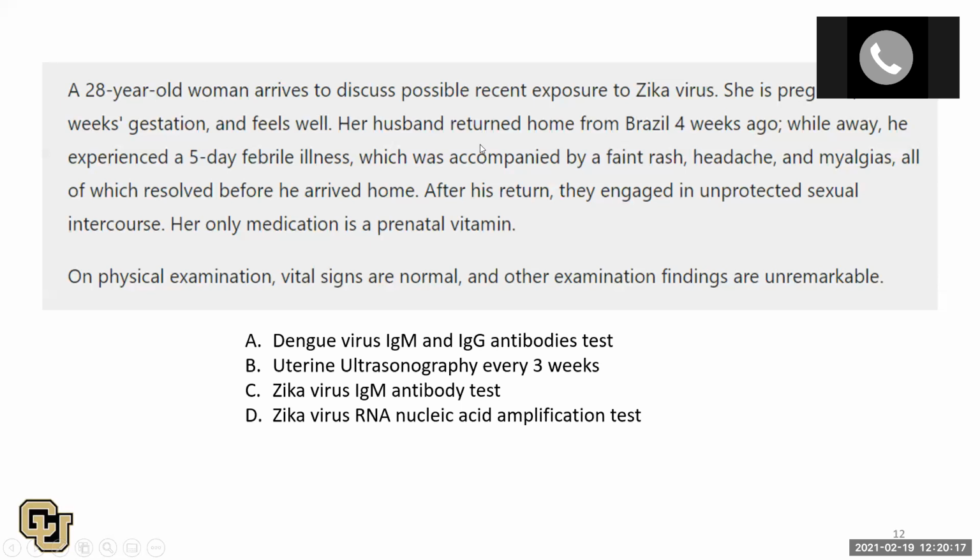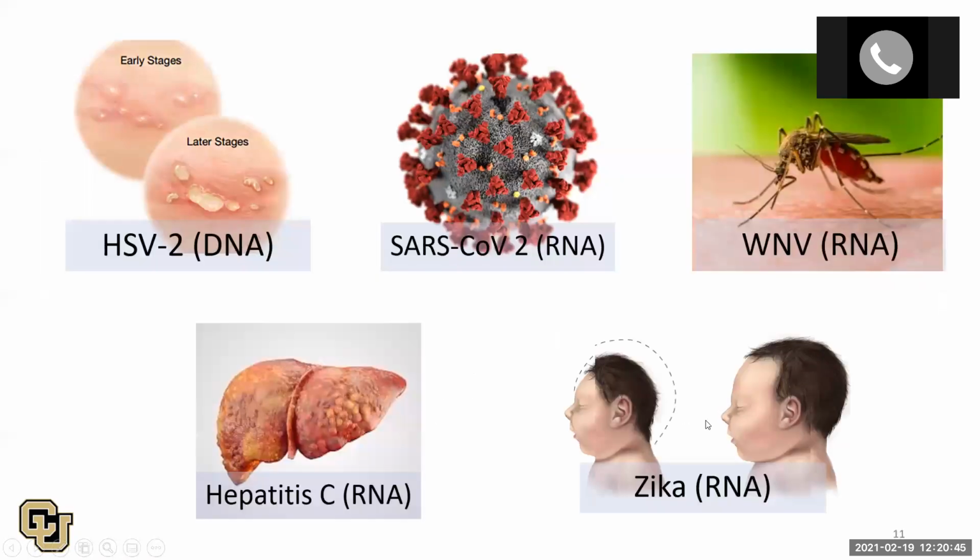So with this patient who had exposure 4 weeks ago, the RNA PCR will not yield a good result. And then she first needs to get diagnosed with Zika in order for us to start the ultrasonography. So we have to make the diagnosis of Zika in her first, which we do by getting the antibody test. And then if she does have Zika or had it, then we need to start doing this ultrasonography because Zika can cause microcephaly in newborns.